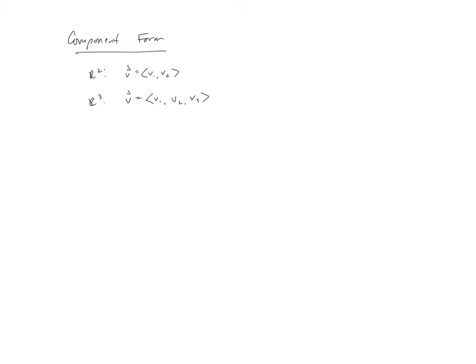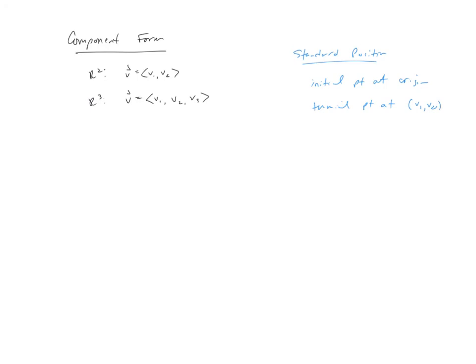So in this component form, our vectors geometrically are in standard position. And standard position means that the initial point is at the origin and the terminal point is at the point V1, V2.